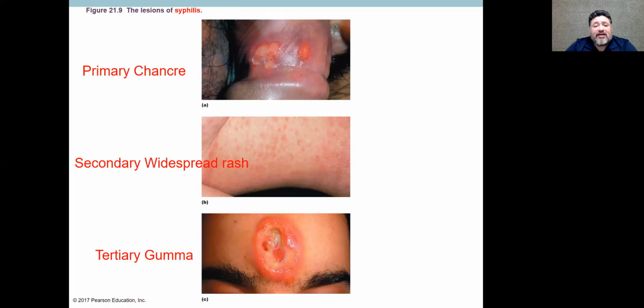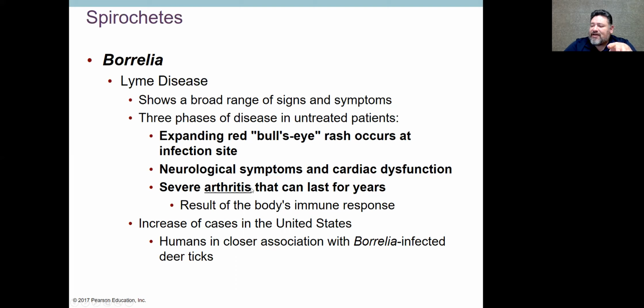Lyme disease was discovered in the northeast United States. The reason for this is because there was a higher than average incidence of arthritis in young children. As we did the research to find out what was the source of this arthritis, we became aware that there was a causative agent, and that happened to be Lyme disease, or Borrelia.